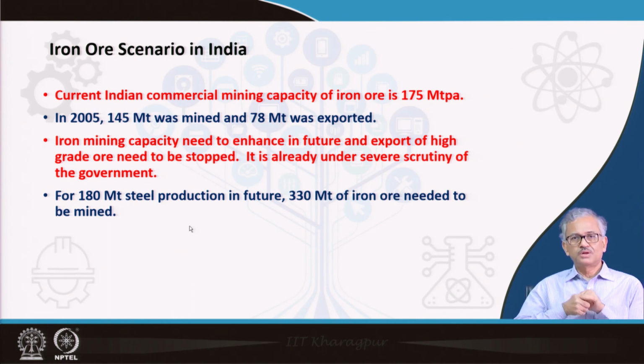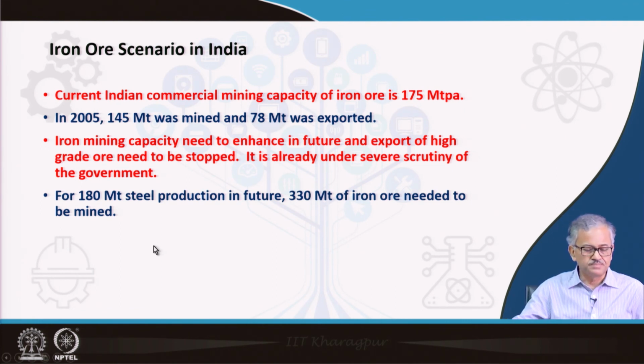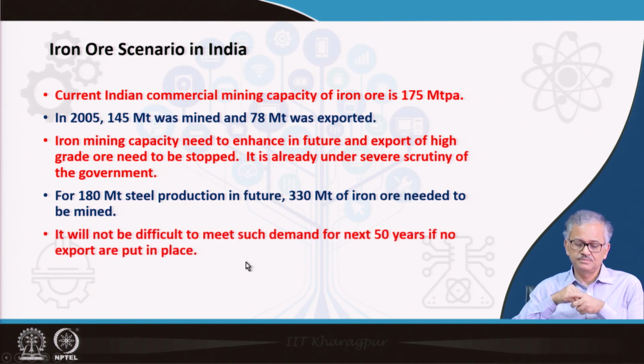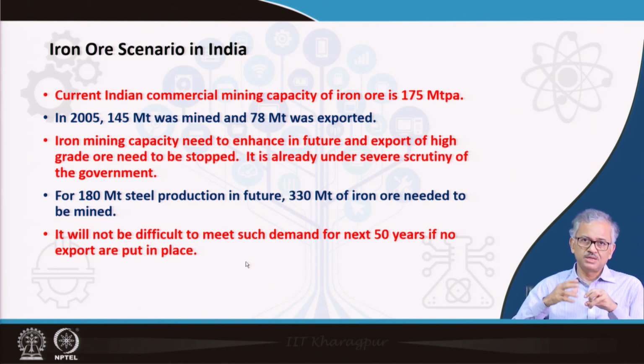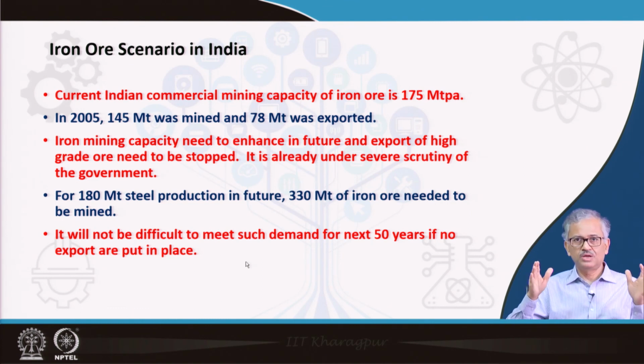And if you want to produce around 180 to 200 million tons of steel in future, around 330 million tons of iron ore needs to be mined, and we have present capacity around 200 million tons per annum. So we have to increase the mining capacity also. If we can do that, and restrict the export of any rich grade iron ore, whatever the reserve we have, we can safely continue for the next 50 years.